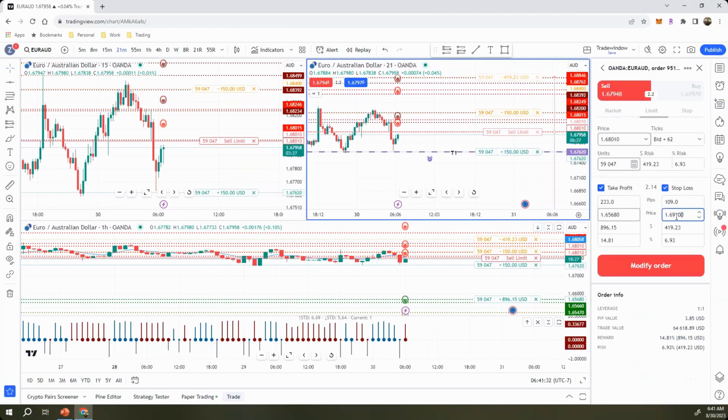So our stop is at 68.01. We just need to add 7 pips to this, which is 9. I'm sorry, 8.